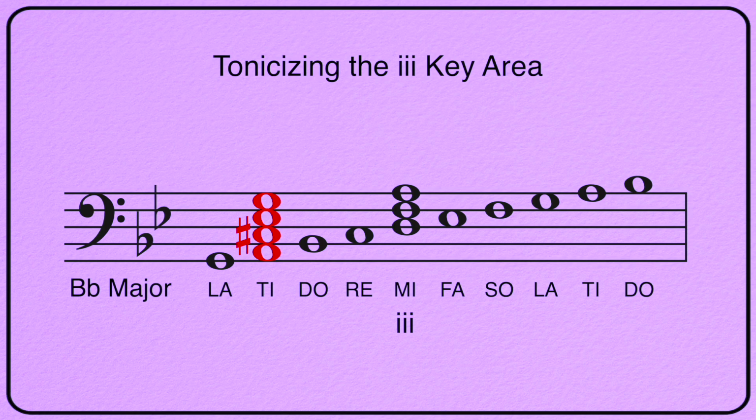Notice we're still not done because we don't have a dominant 7th chord yet. Yikes! Not only did we have to raise the 3rd, this time we also have to raise the 5th, E flat to E natural. Now we have an A7 chord, 7-7 this time, and that tonicizes our 3 chord, D minor.